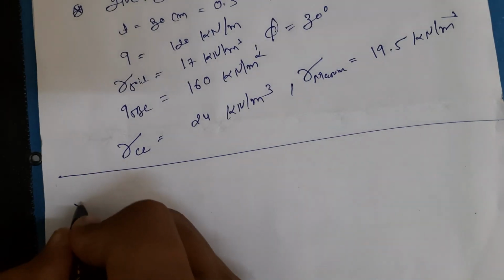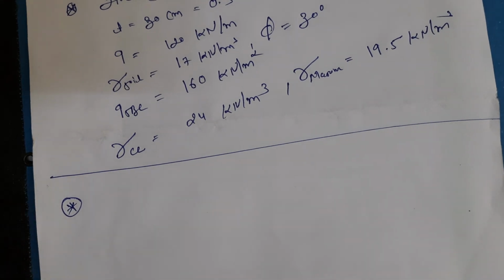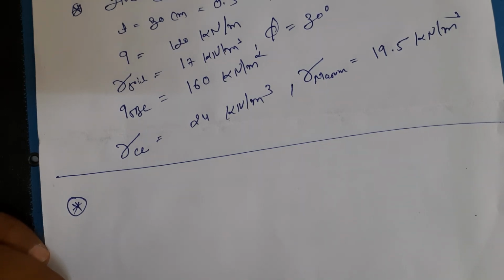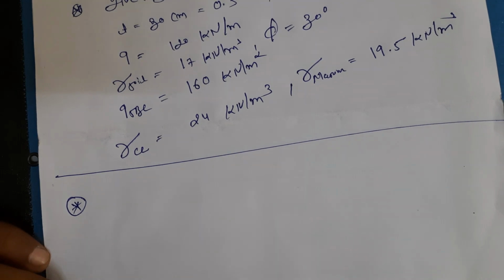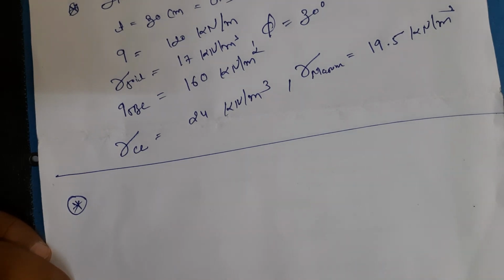Now the calculation. We have the imposed data, soil bearing capacity, unit weight of cement concrete, unit weight of soil, and thickness of wall. So first we calculate the total load transferred to the soil.